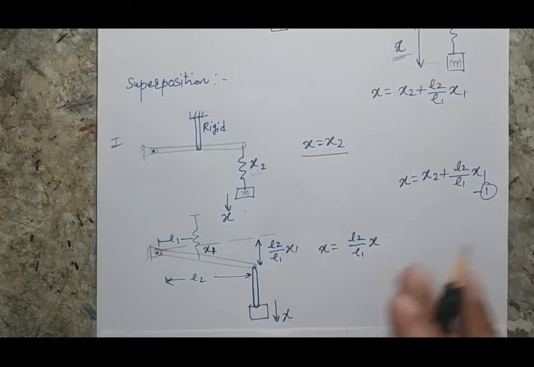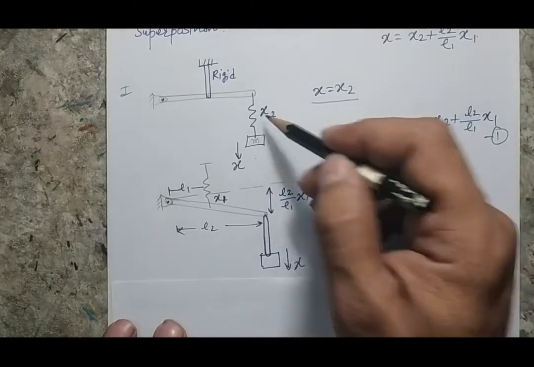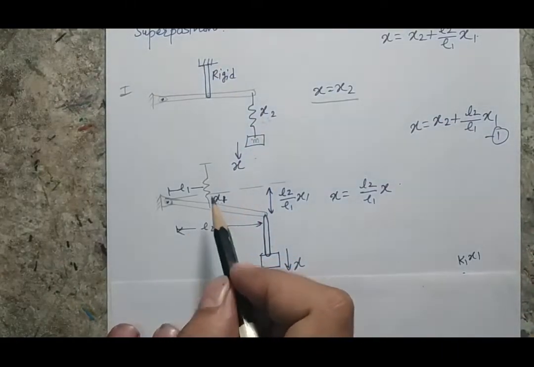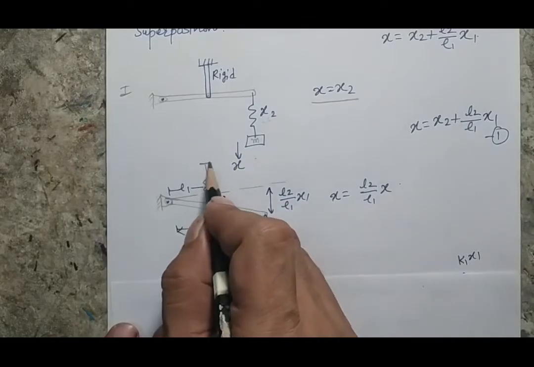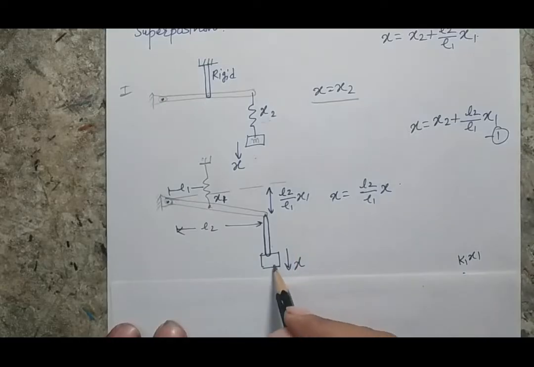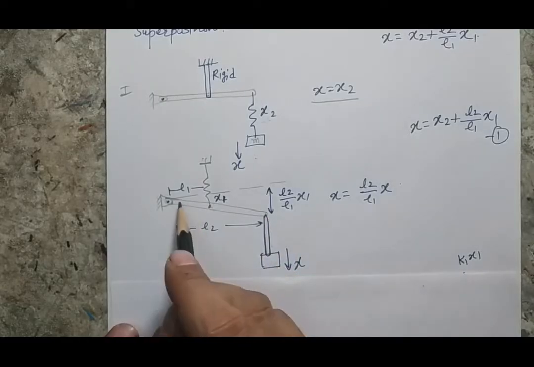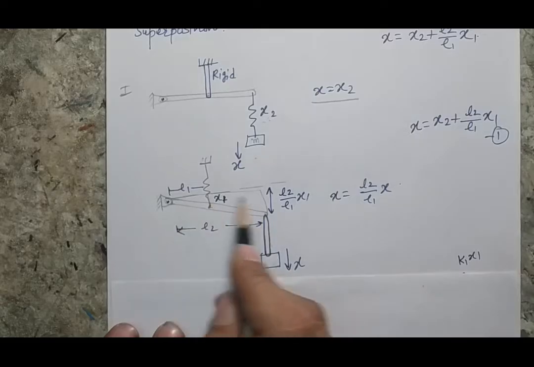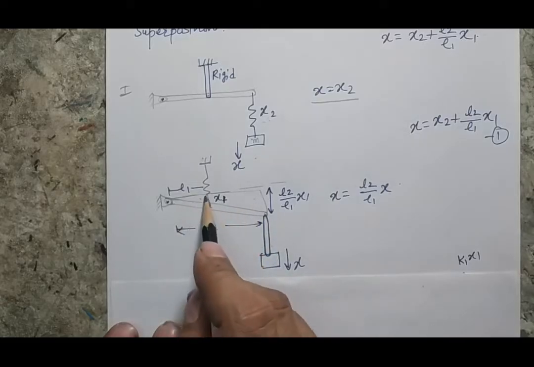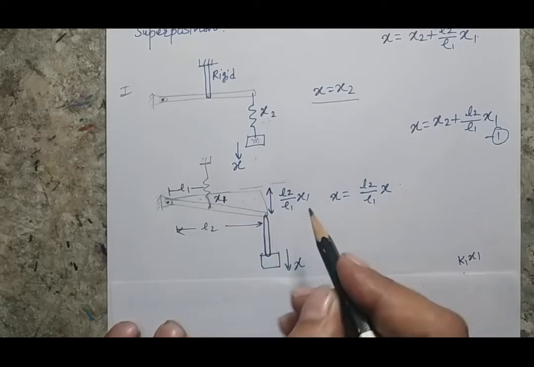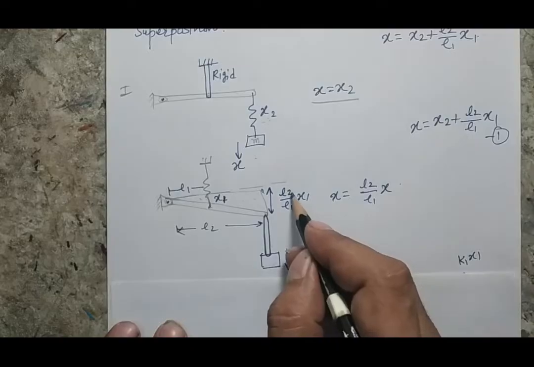Now for the second case, I am assuming that this spring has become rigid and this spring will become free. If the deformation in this spring is x1, ultimately this end is not directly in line with the mass. So what is happening here? If I look at this triangle and this triangle, these two are similar triangles. So if this deformation is x1, it will be amplified here, and the deformation of this end would be L2 by L1 x1.